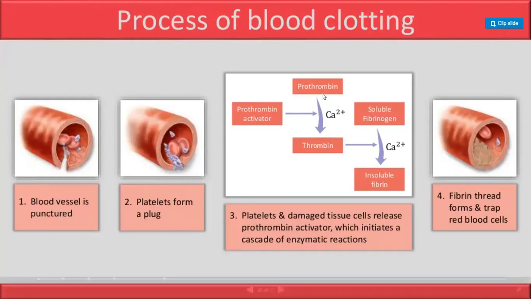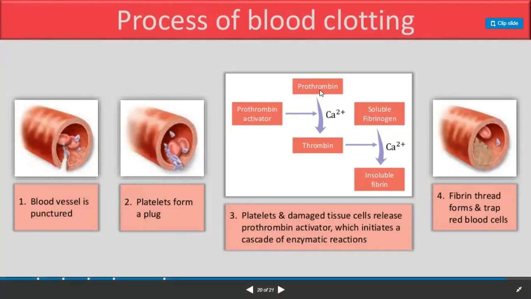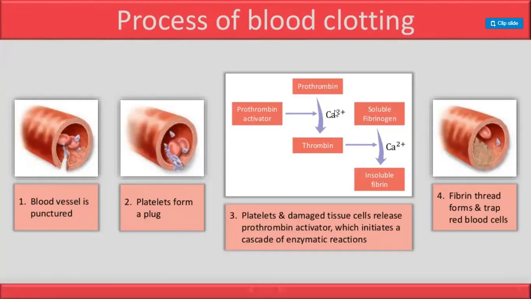Now, once prothrombin is activated, it is converted to thrombin. So prothrombin is converted to thrombin, but this happens in the presence of calcium ions. So calcium ions act like a kind of catalyst to stimulate or speed up the conversion of prothrombin to thrombin.